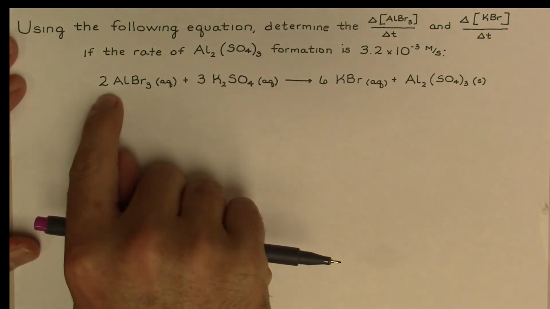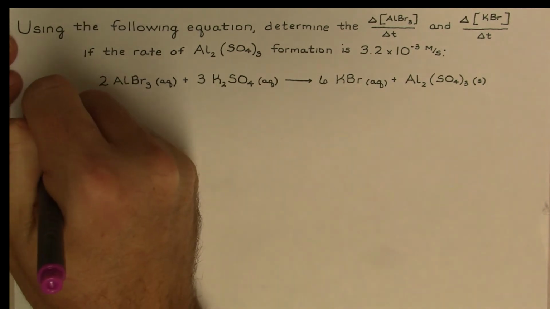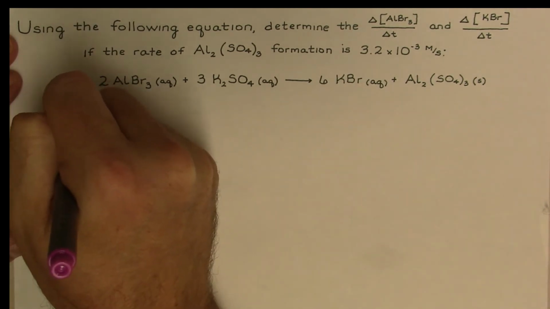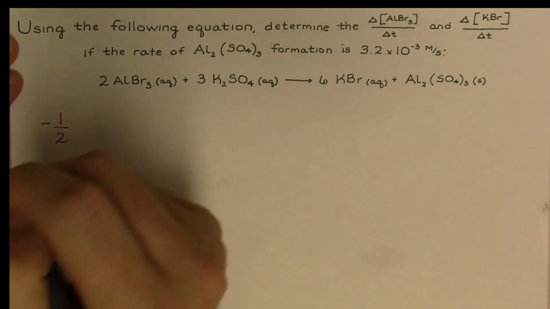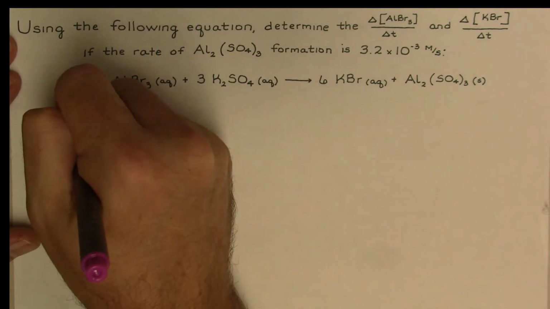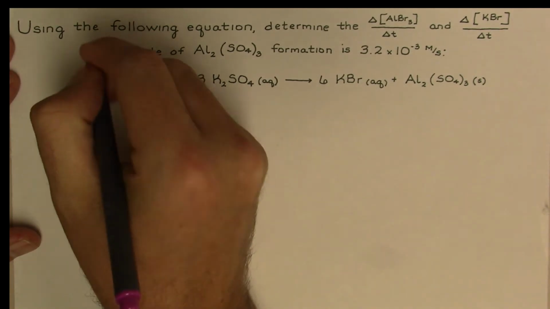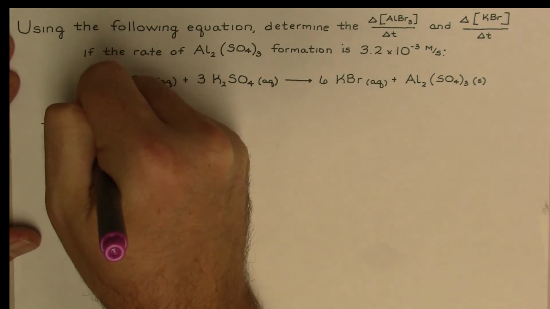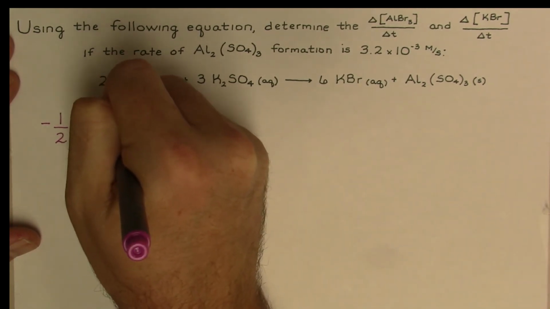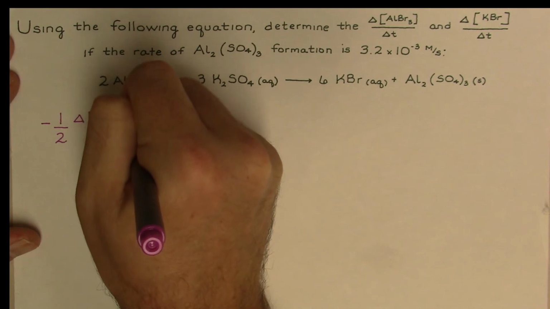So the first thing that we need to do is establish our fractional formula. So for our AlBr3, we have a 2 in our coefficient, so we can write negative 1 over 2, change in concentration, which in this case is AlBr3, over our change in time.